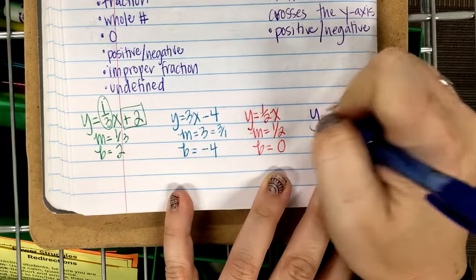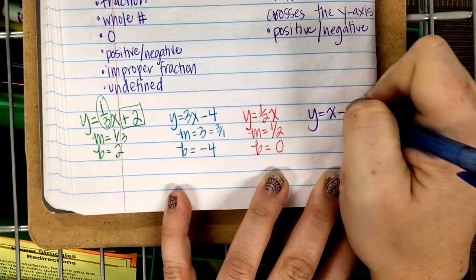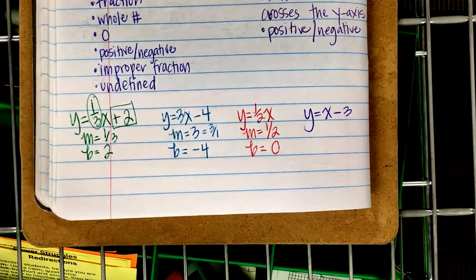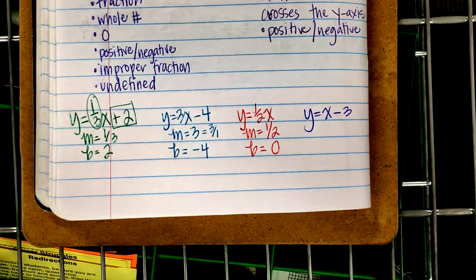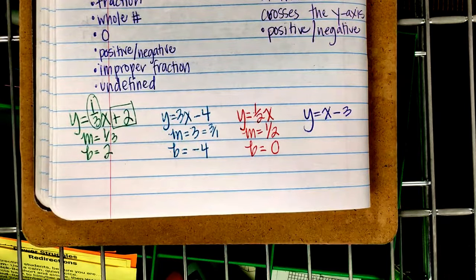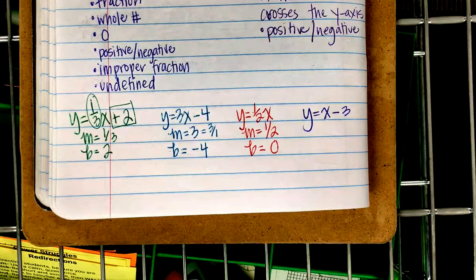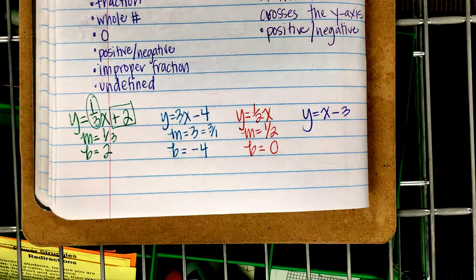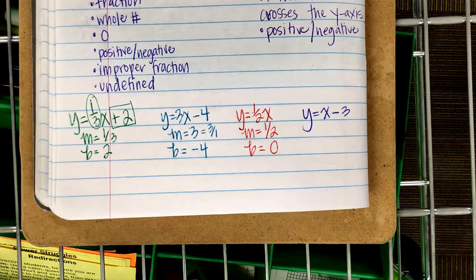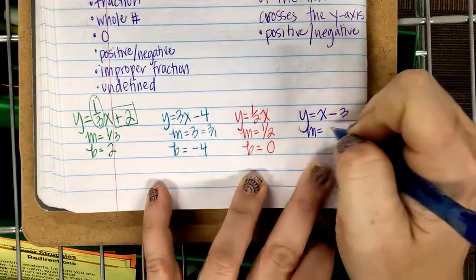Try this one. Y equals x minus 3. Tell me your slope. Tell me your intercept. Who's got the slope? 1. Good. 1.